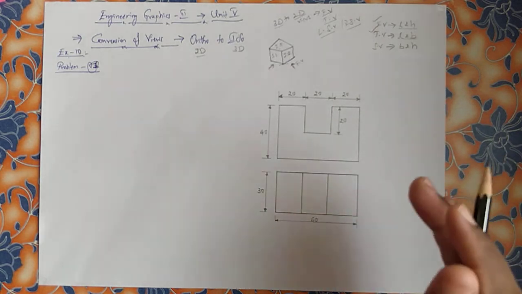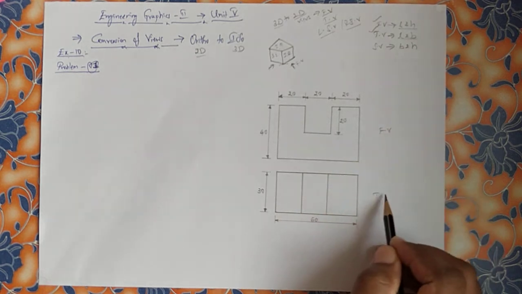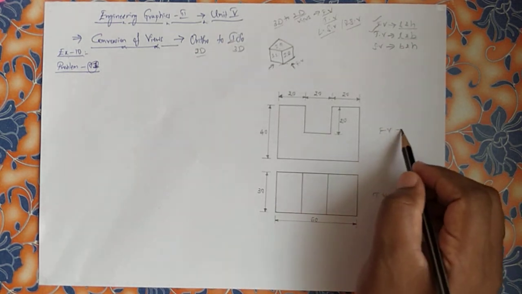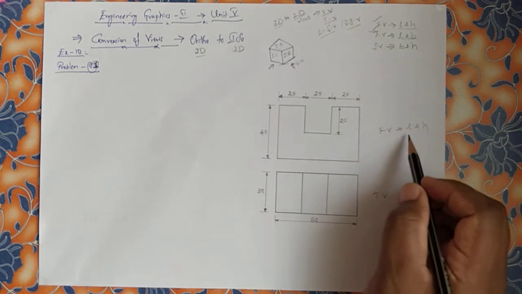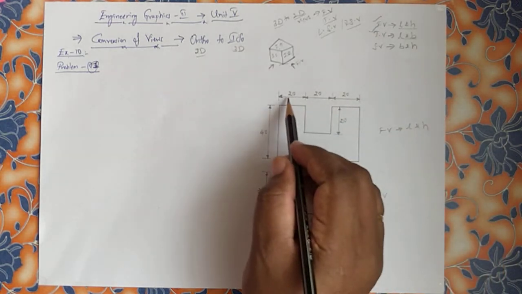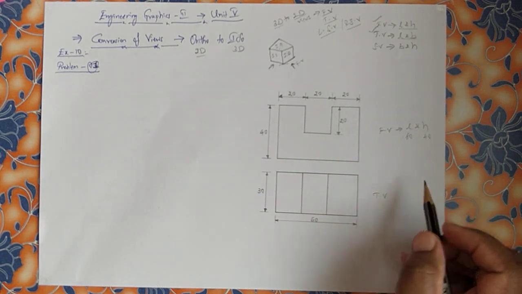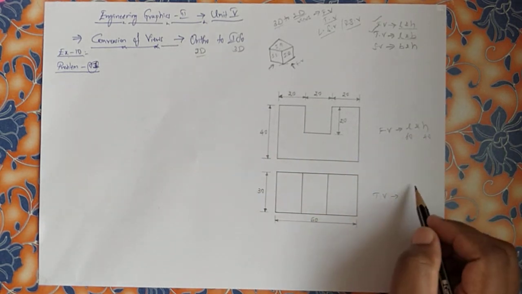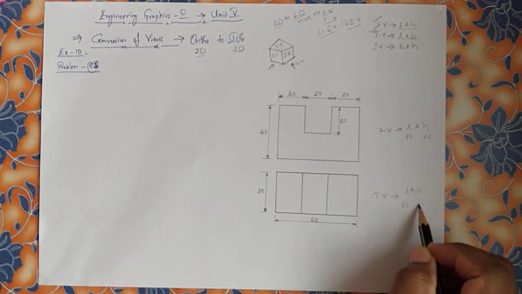As we are following the first angle projection concept, this will be your front view and this will be your top view. Front view covers length and height. Here, length is 60, height is 40 mm. Top view covers length and breadth. Length is as it is, 60, breadth is 30.